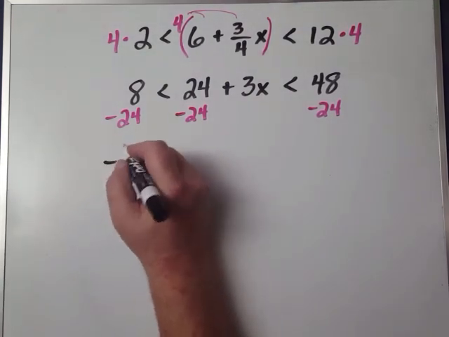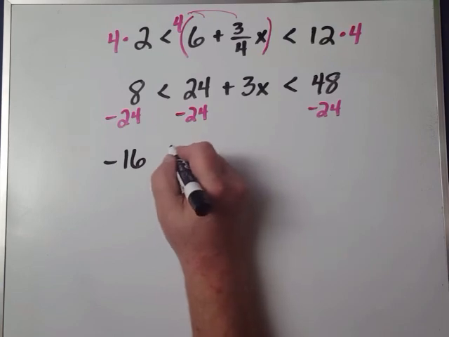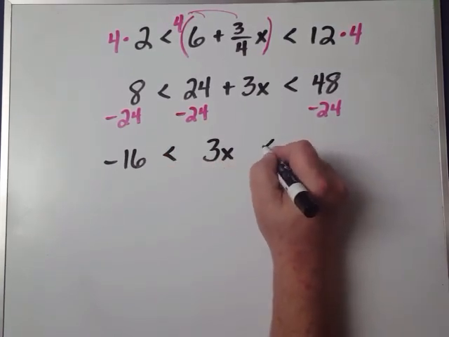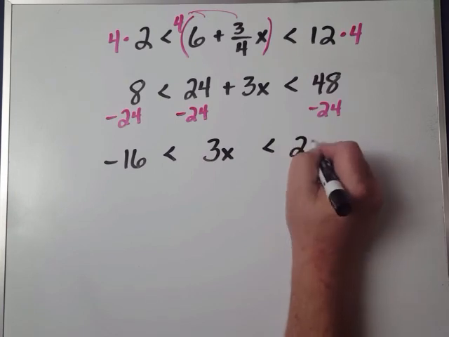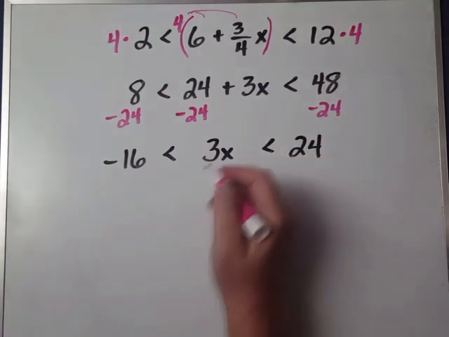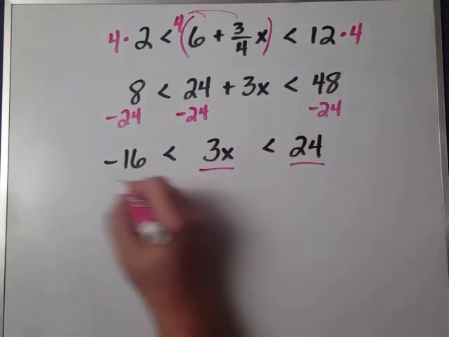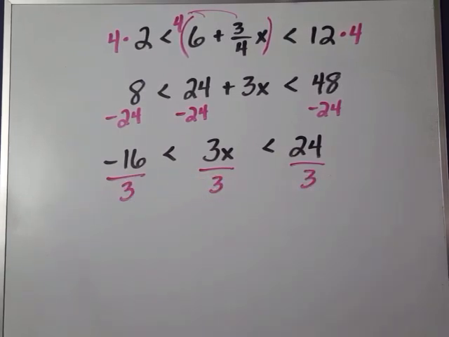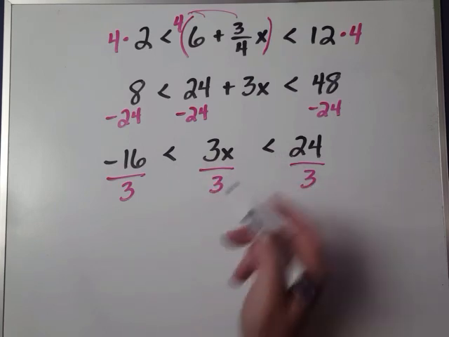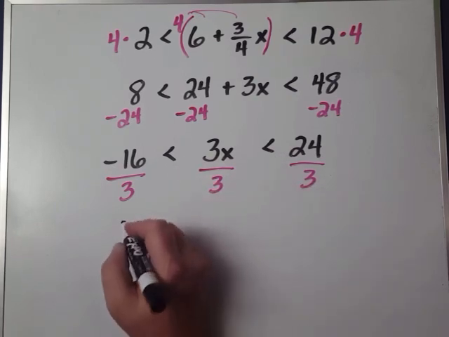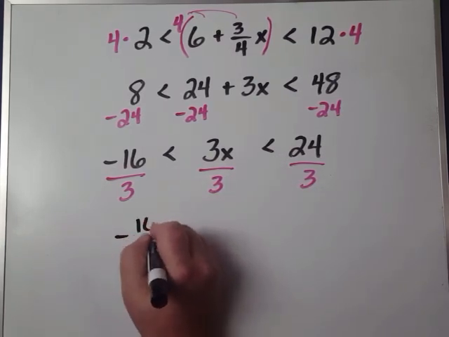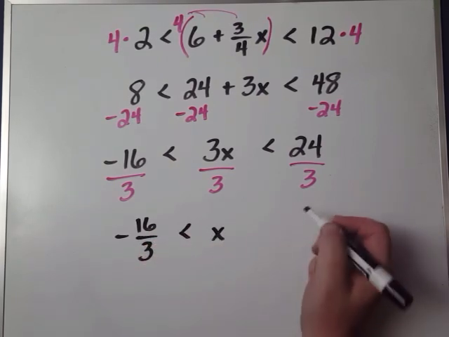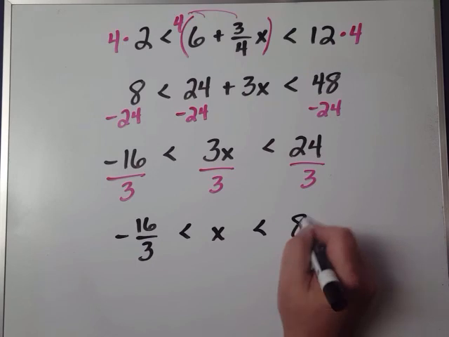That'll leave me a negative 16 is less than, in the middle, just 3x now, and is less than 24. And to get x by itself, divide all three parts by 3. We're dividing by a positive, so our inequality symbols will be left alone. Negative 16 thirds, less than x, less than 8.